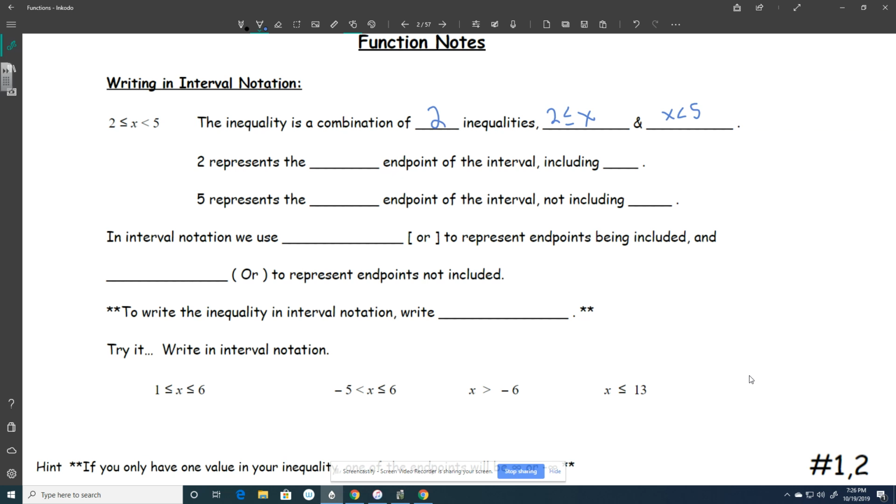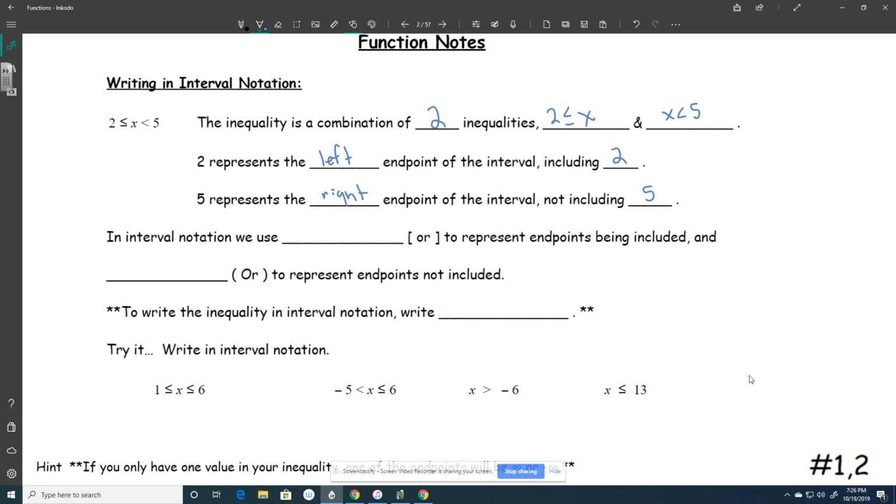Okay, so the way this works is 2 represents the left endpoint of the interval. And that includes 2 because of this equal sign underneath the less than. And the 5 represents the right endpoint of the interval, but it does not include 5 because there's no equal sign underneath the less than.